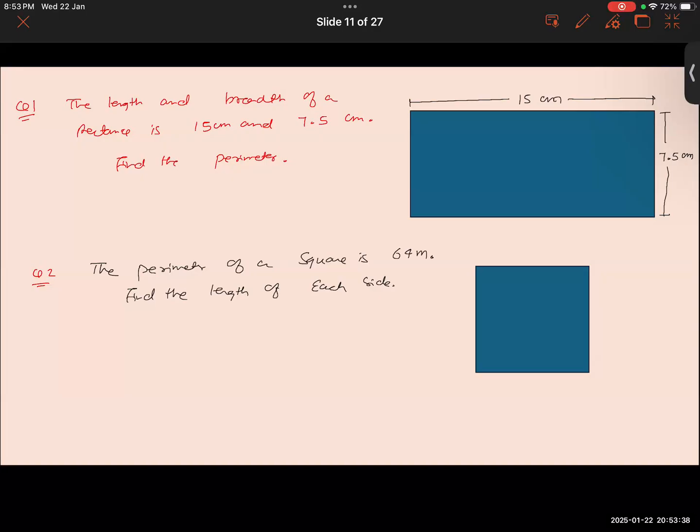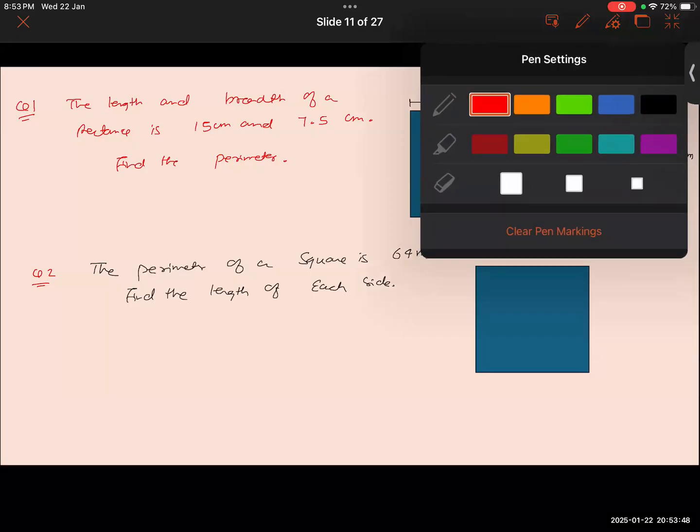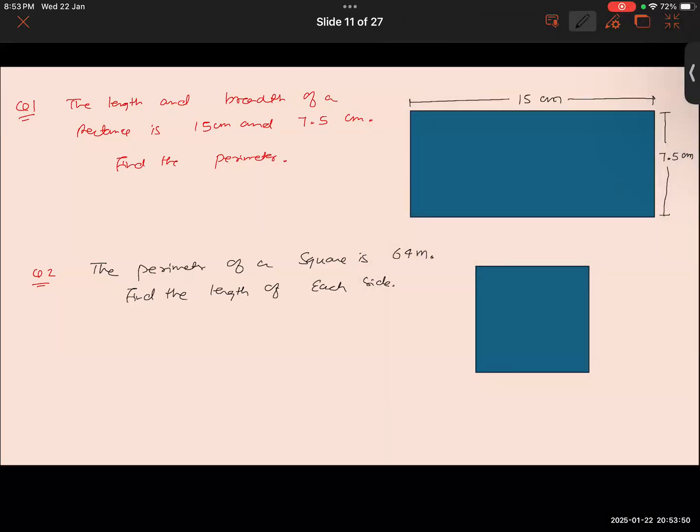For the first one, it's 45. Yeah, very good. That is correct. So what is the formula required to find the perimeter of a rectangle? 2 times L, 2 times B. Don't treat this as 2xL.